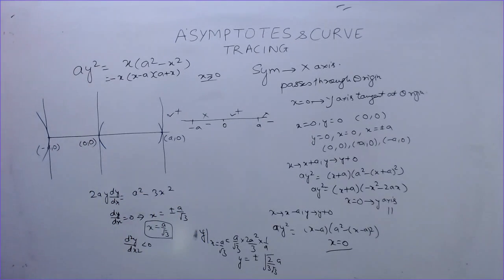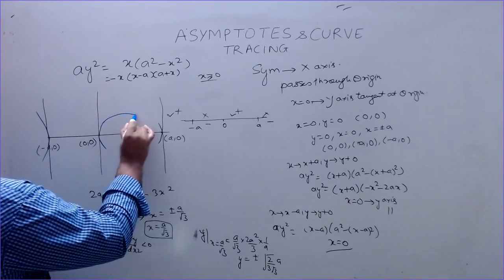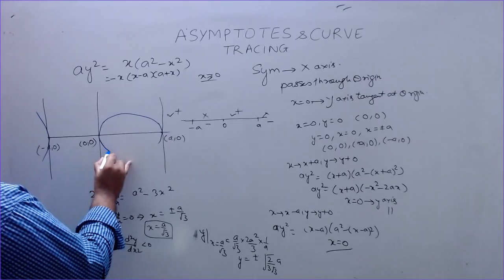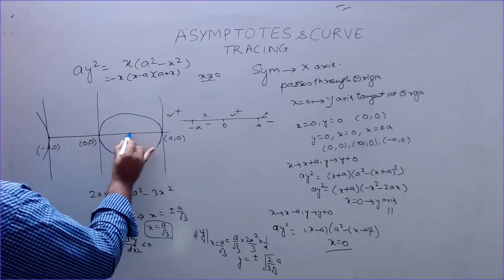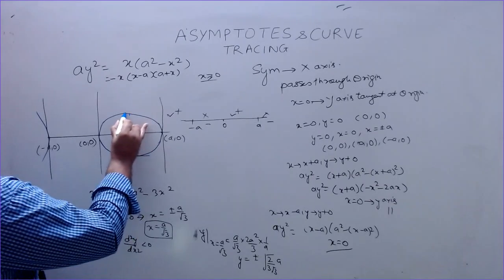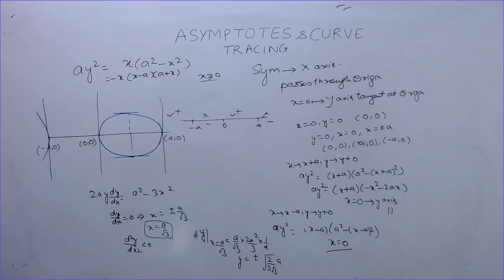So this is how you can find the value, and that will be the point of inflection, and for different values of x put in the equation and find the values of y. Here at this point y is maximum for this value of x. So friends, this is how you can draw this curve.